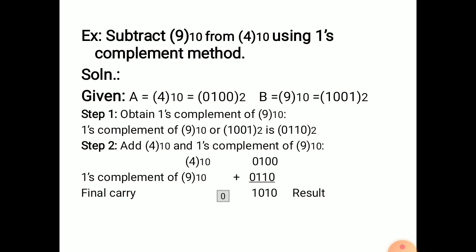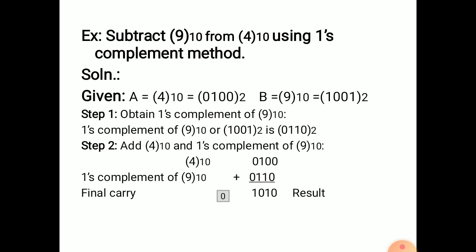We know that the binary equivalent of 9 is 1, 0, 0, 1 and its complement is 0, 1, 1, 0. Step second, add 4 to the base 10 and 1's complement of 9 to the base 10, which is 0, 1, 0, 0 add with 0, 1, 1, 0.